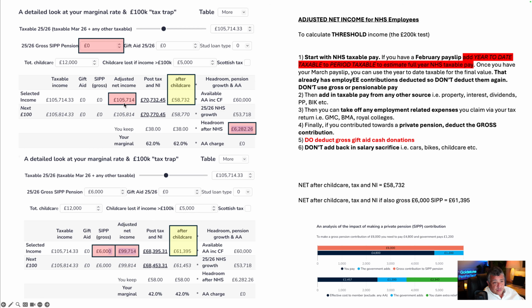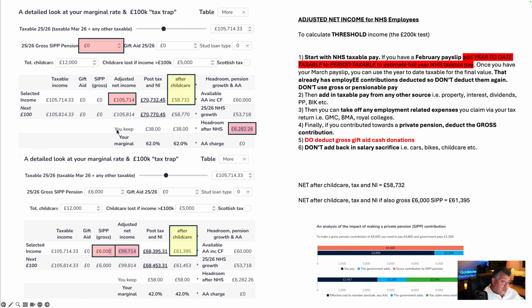So with the income at 105 and no SIP, after childcare and tax and NI, they've got 58,732 to go into their bank account. Whereas if they don't trip over that 100k threshold by making a SIP contribution, then they've got 61,395. So a significantly better position between 58 and 61.